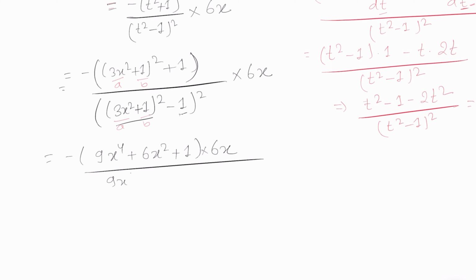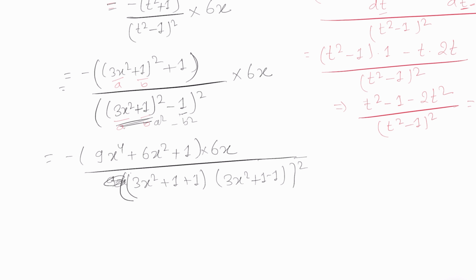We can write it as (a square minus b square) whole square. So it will be (3x square plus 1 plus 1)(3x square plus 1 minus 1) whole square.